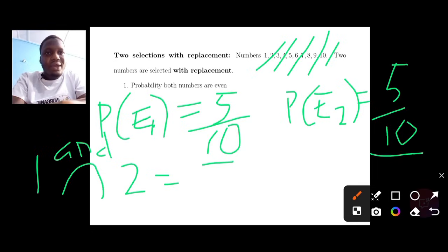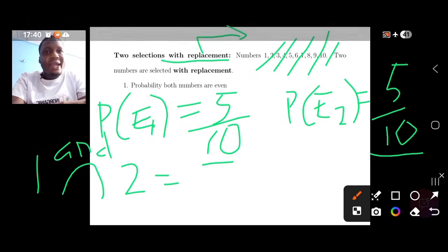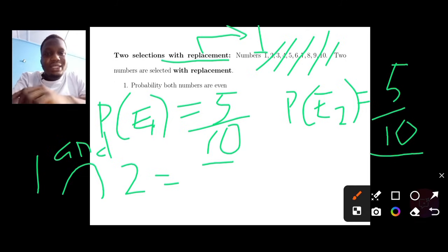And that is only true when we have replacement. So with replacement means that the two selections are independent. We were told, but it wasn't direct. So the with replacement here is telling us that the two selections are done independently.